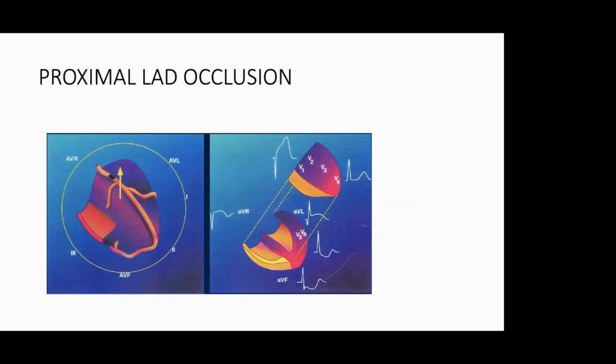So when we see what all areas are ischemic, in this diagram you can see the pink and red part. This is the infarcted myocardium. This yellow color is the viable myocardium, which is supplied by the circumflex in this area, and this area is inferior, the RCA, right coronary artery.